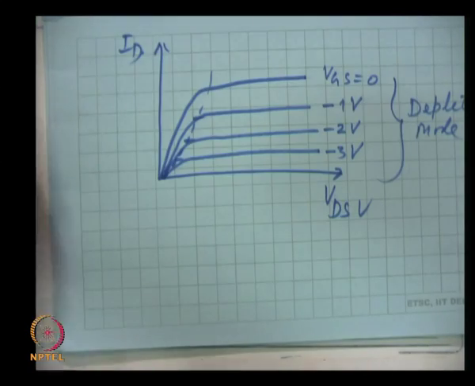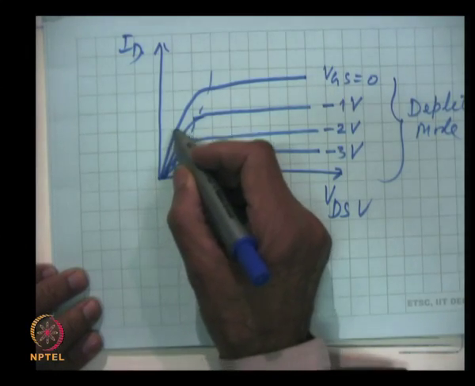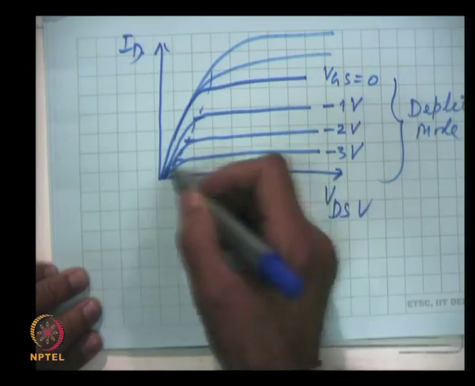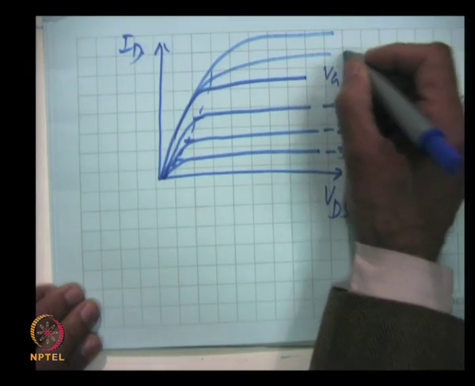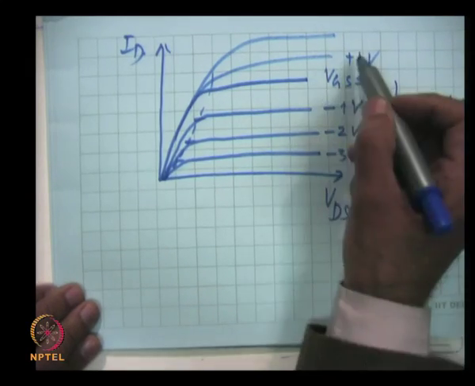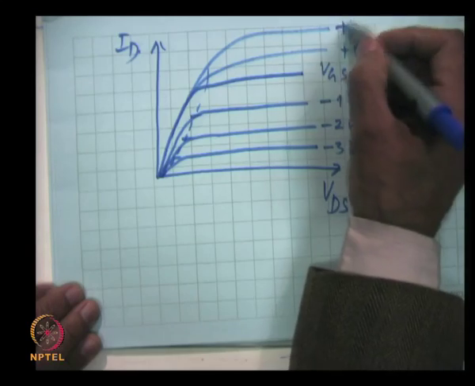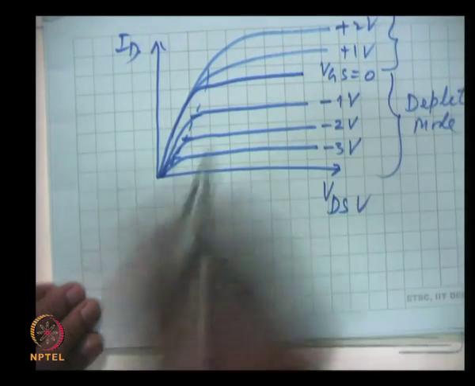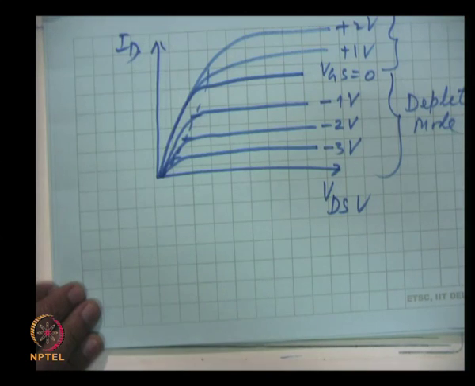So, the currents will change, and here this is plus 1 volt VGS, plus 1 volt, plus 2 volts, and so on, and this is known as depletion mode working in an enhancement mode.